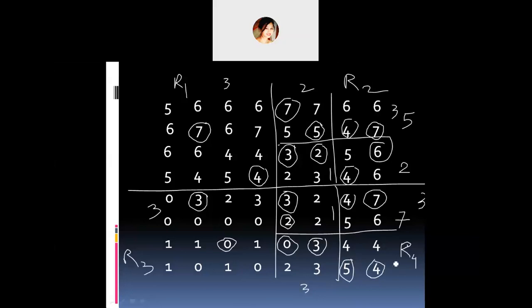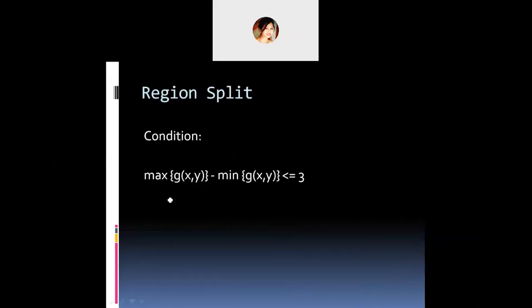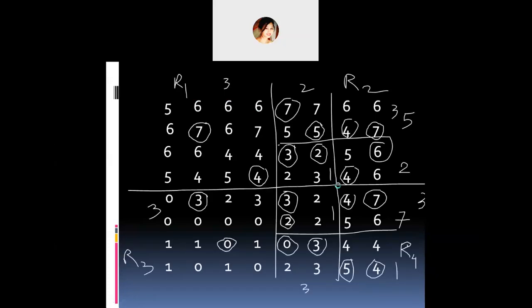And finally 5 minus 4 is 1, right? So this is also satisfying the condition. Now just remember that in region splitting the condition is that max of g of xy minus minimum of g of xy is less than or equal to 3.